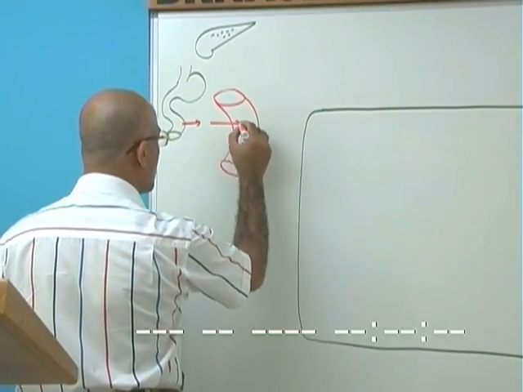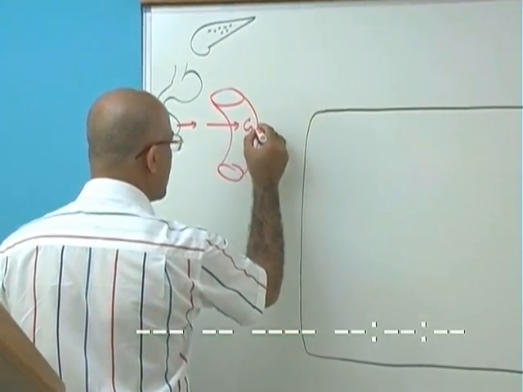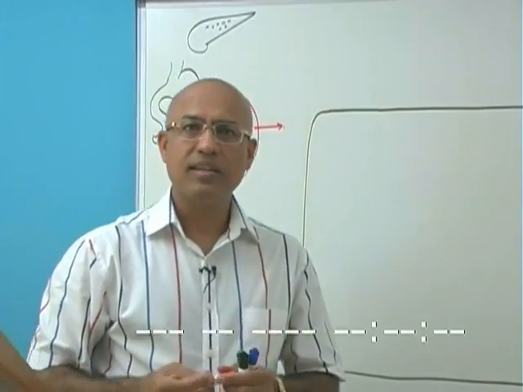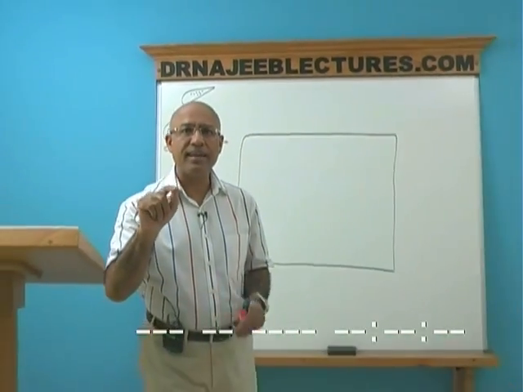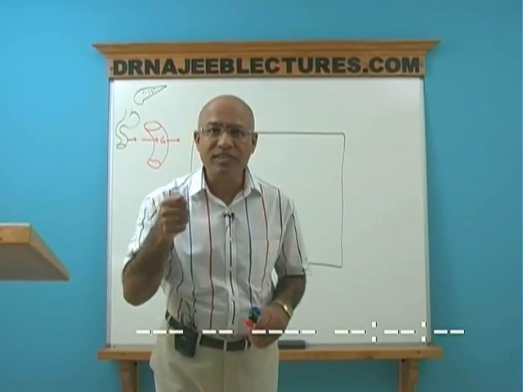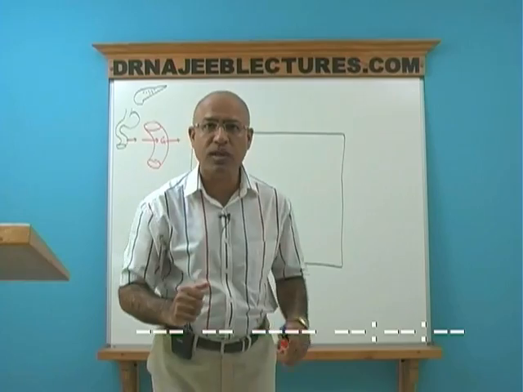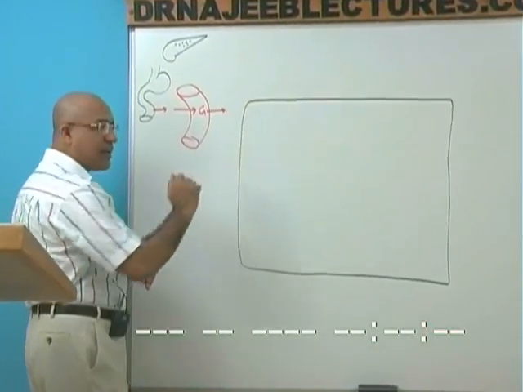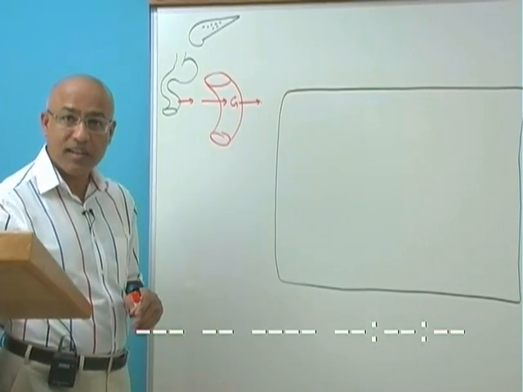This glucose should enter the beta cell of pancreas to force it to release insulin. Now, how will the glucose be transported inside the beta cell?